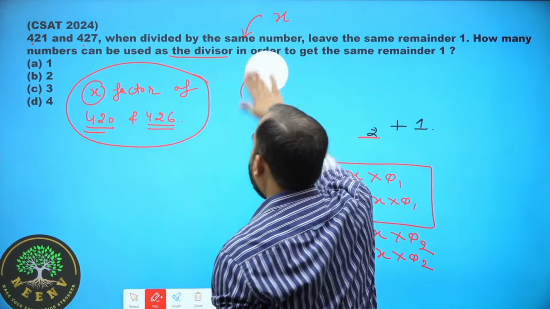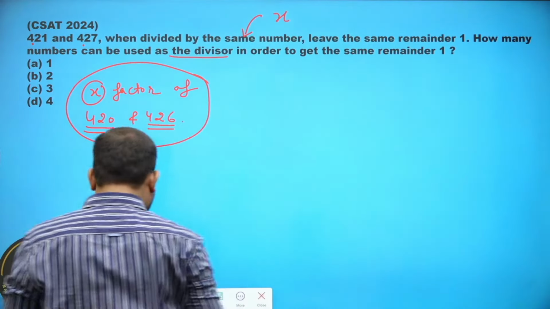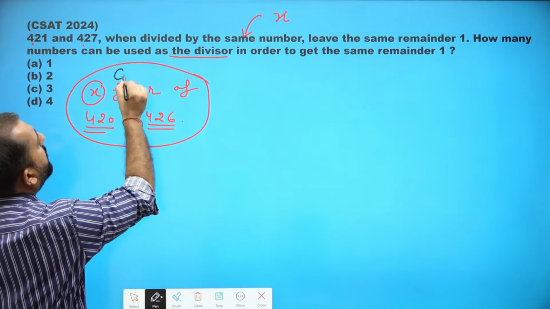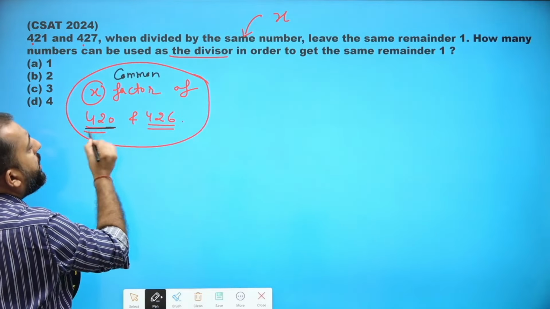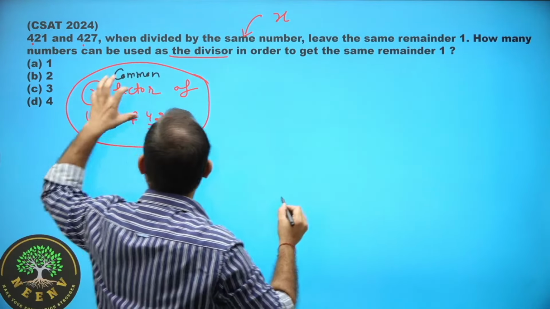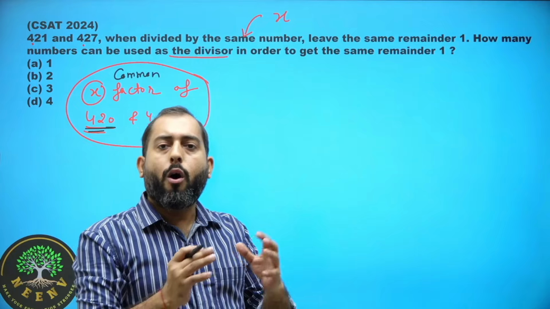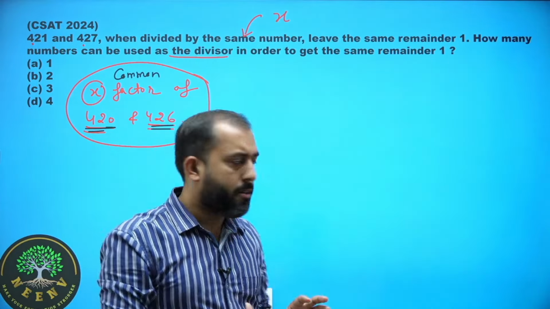Now, since I know x is the common factor, I'm writing common factor of 420 and 426. So to calculate all the common factors, let's find out the highest common factor first.